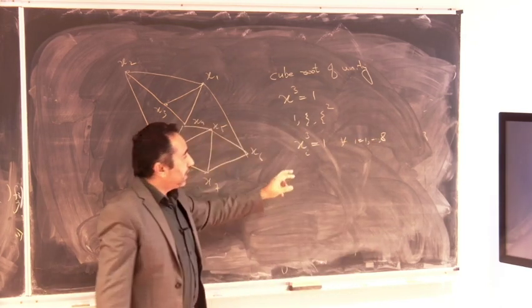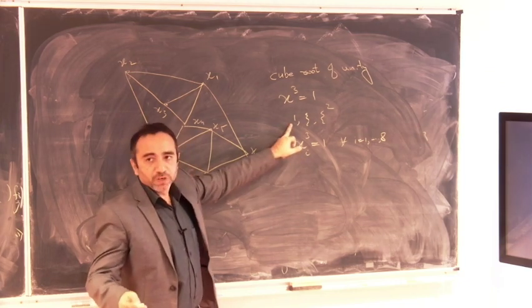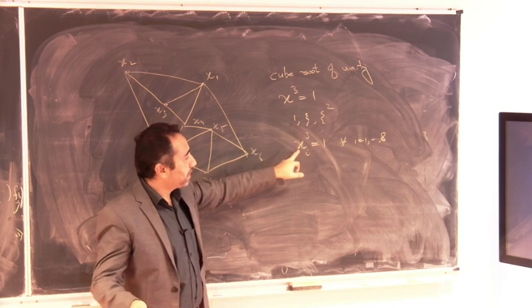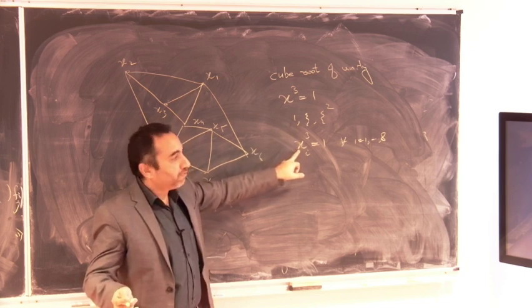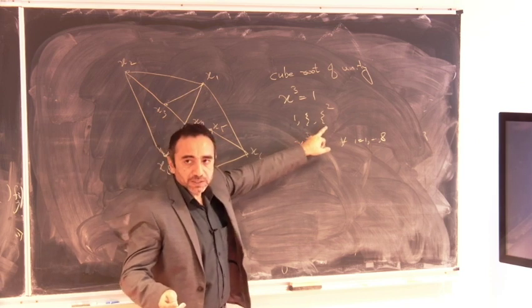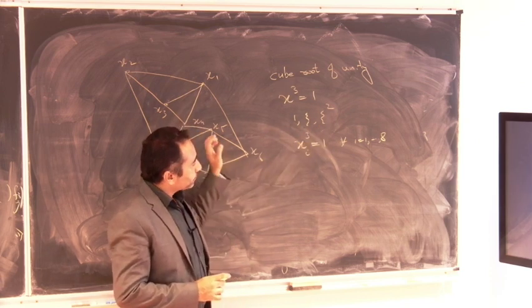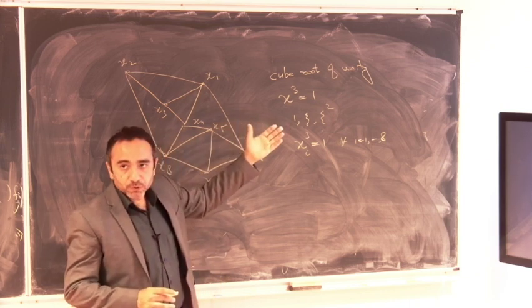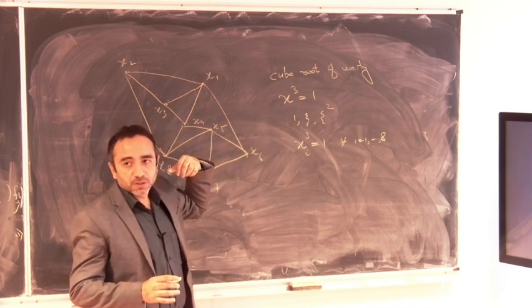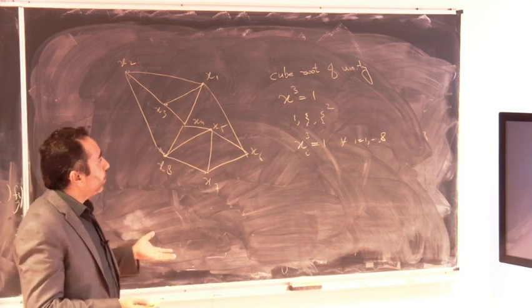That means any variable can have any root, and each root we refer to as a color. So x1 can be given 1, or xi, or xi squared. So now we have a random choice. We do not impose any condition yet.